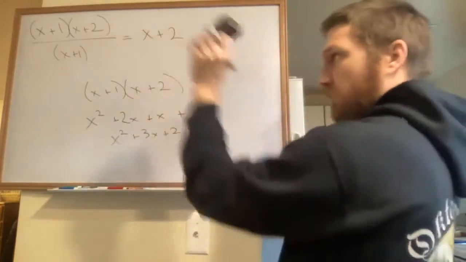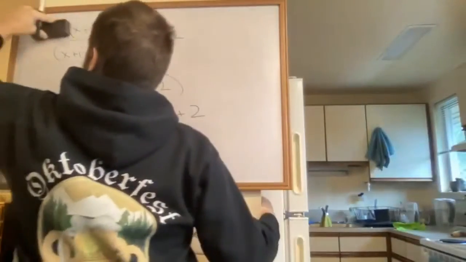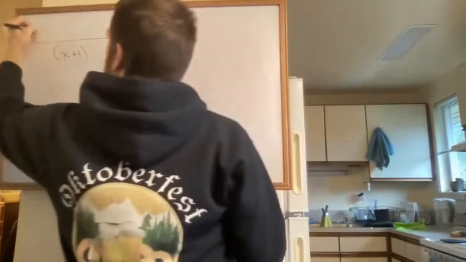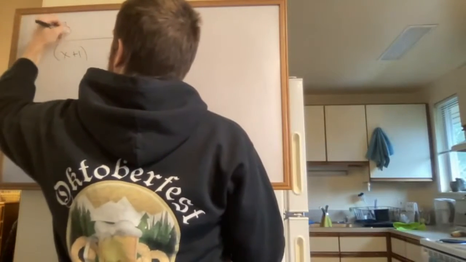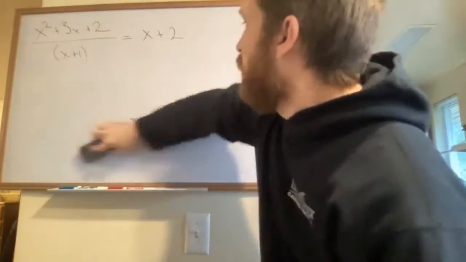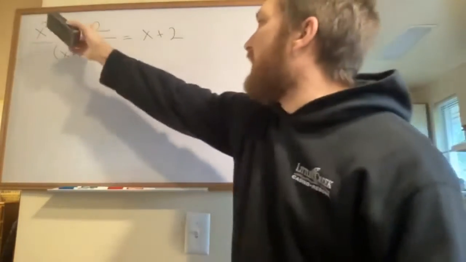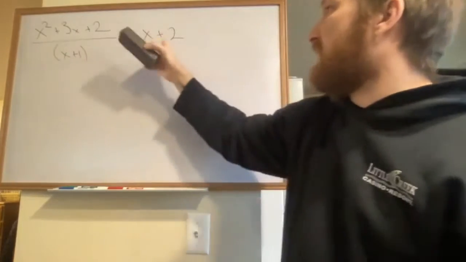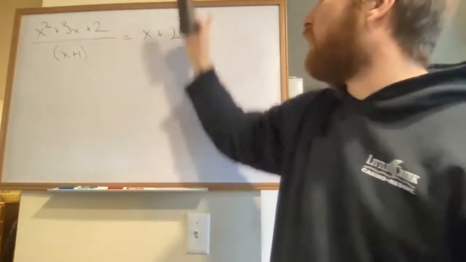So I'm going to just rewrite this right here. X squared plus 3x plus 2. So if we had that, now, we know this is true. We know that when I take that and divide it by that, I have to get this polynomial right here.